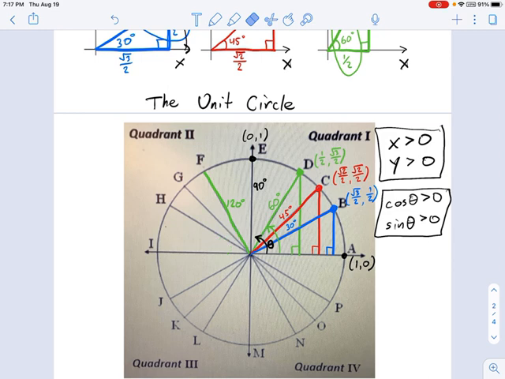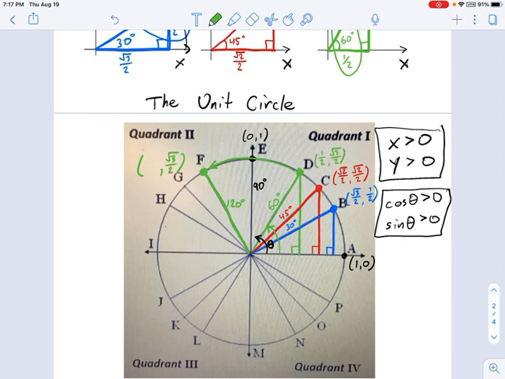So let's talk about that 120 degree angle. That has a point right here, just like the 60 degree angle did. And if you look at the y value, you see the y value is exactly the same. It must be, it's at the same level. So I haven't talked about the x value yet, but I know the y value is going to be square root of 3 over 2. How about the x value? Well, take a look at what's happening. This is a horizontal reflection over the y-axis.